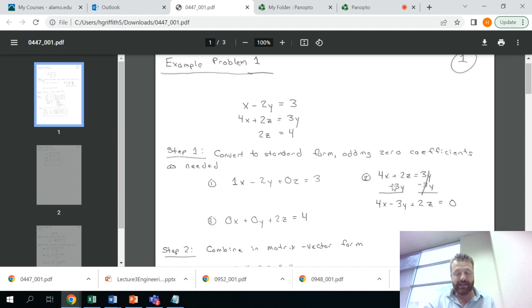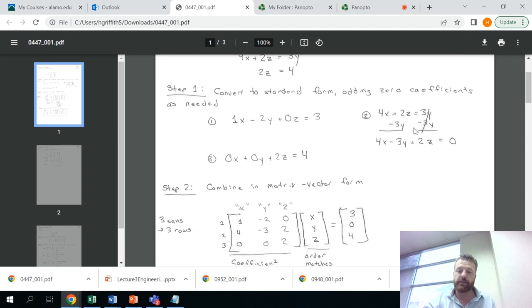When I subtract 3y from the left side, that doesn't combine with anything. There's no like terms. I only have x's and z's. So the result is simply going to be 4x minus 3y plus 2z equals 0. And that's in standard form. And it's organized in the same order that equation 1 was. X term, y term, z term, x term, y term, z term.